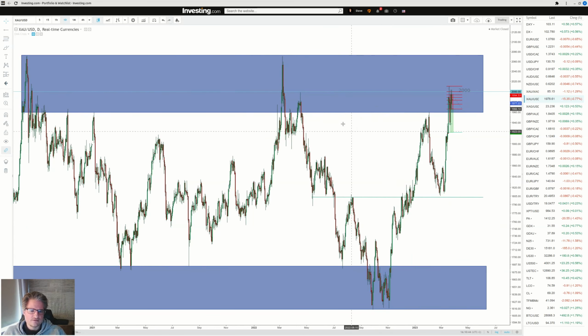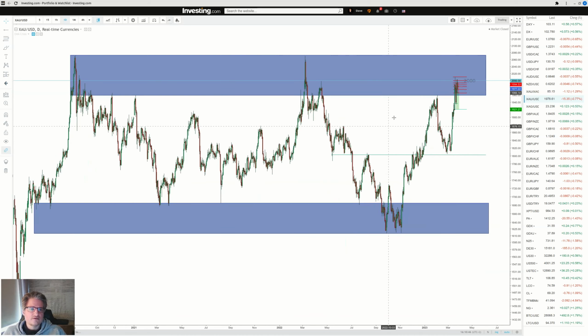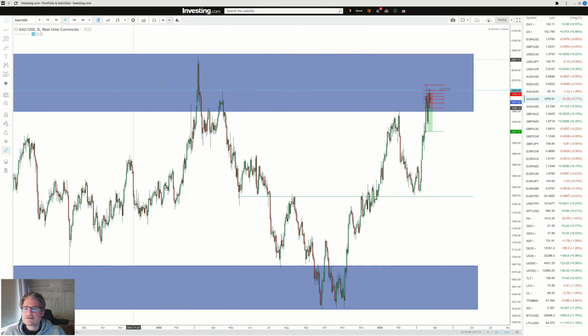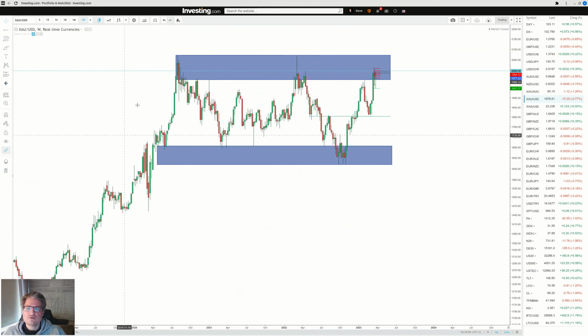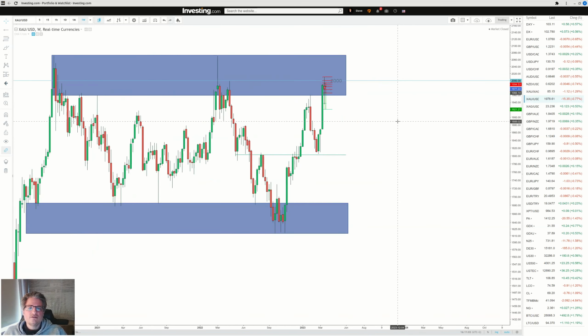I saw this zone on the weekly. So if we look at the weekly, we have here supply zone and here demand zone. Very clearly price is basically going sideways, and then we hit the supply zone again with also exactly at the $2,000 level. So this is a psychological level.